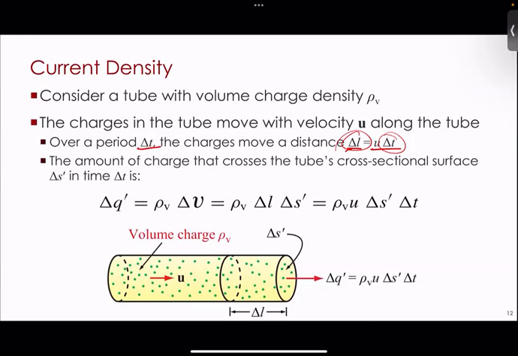It's a bit abstract, but that's how much charge passes through this surface over a time delta t. So how much charge is that? It's rho v times this volume. What is this volume? It's delta L long, which gives you this dimension. And this face, which is the same as that face, it's like a little cylinder. The volume of that cylinder is delta V, which is delta L times delta S, okay?